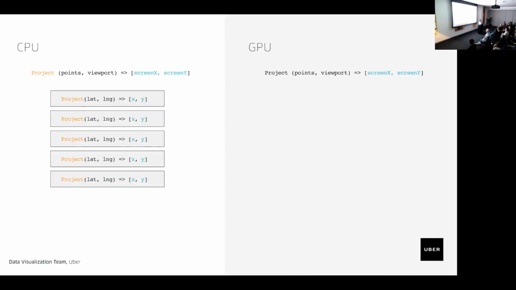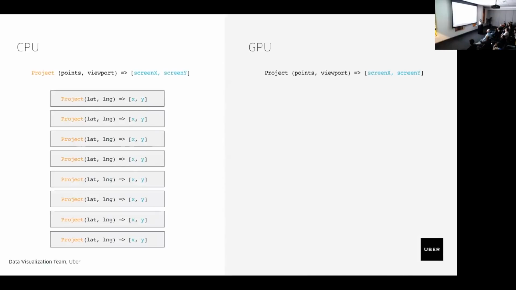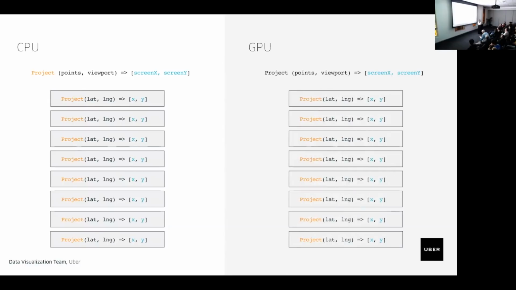If you're doing a simple calculation called project, you want to project a couple of geospatial points onto your screen, you need to call this function called project. Your CPU will take this array of points and call project on each of them one by one to get the screen coordinates for all of them. But since the GPU is parallel computing, you are able to do all of them in parallel. And as you can imagine, if I have 200,000 points, obviously doing project on the GPU side will be a lot more performant.